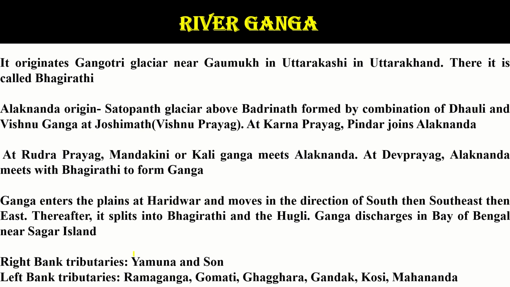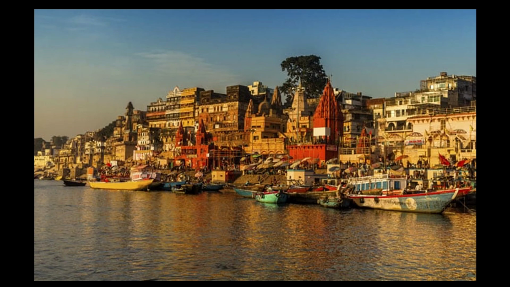Left bank tributaries are Ramaganga, Gomati, Ghagra, Gandak, Kosi, Mahananda. Okay. See, this is how our Ganges looks. This picture, I think many of you will be knowing. It is taken from Varanasi, the ghats of Varanasi.